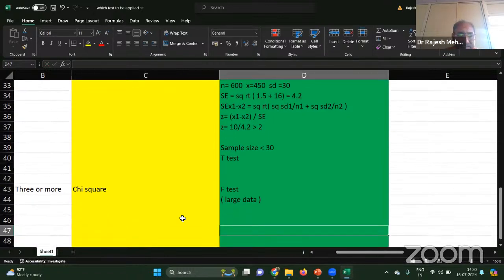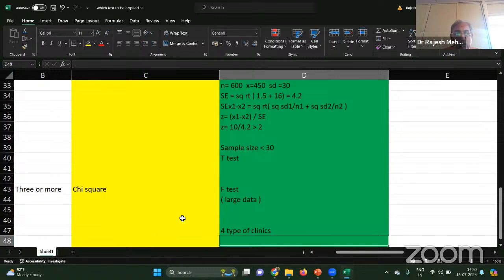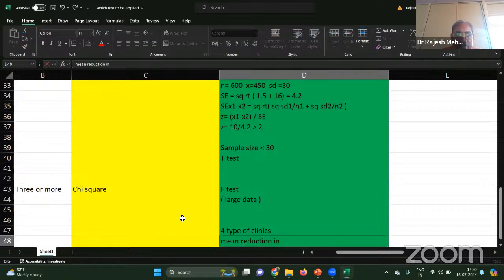Let's say four types of clinics, and you want to find out the mean reduction in blood sugar. And each clinic has, let's say, only 4 to 5 diabetes patients. If there are only 4 or 5 patients in each clinic, and you want to compare, your F test is not going to work.